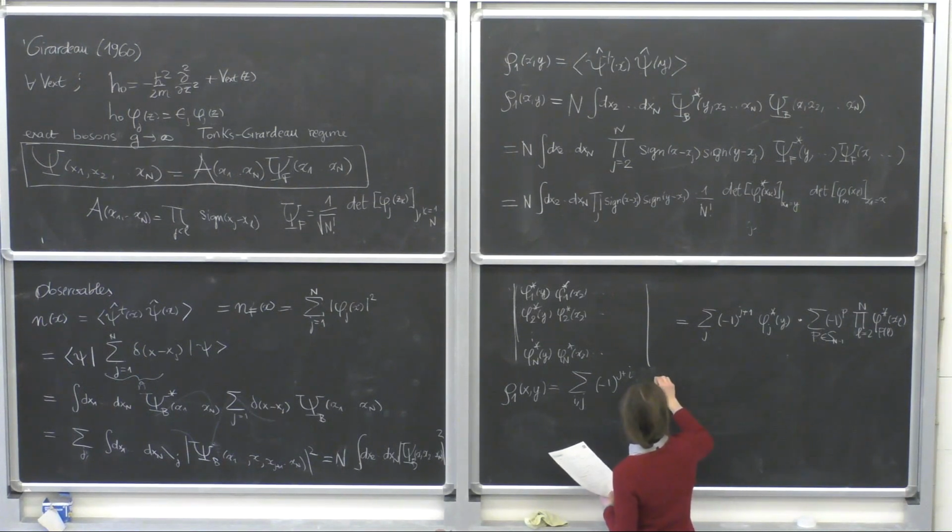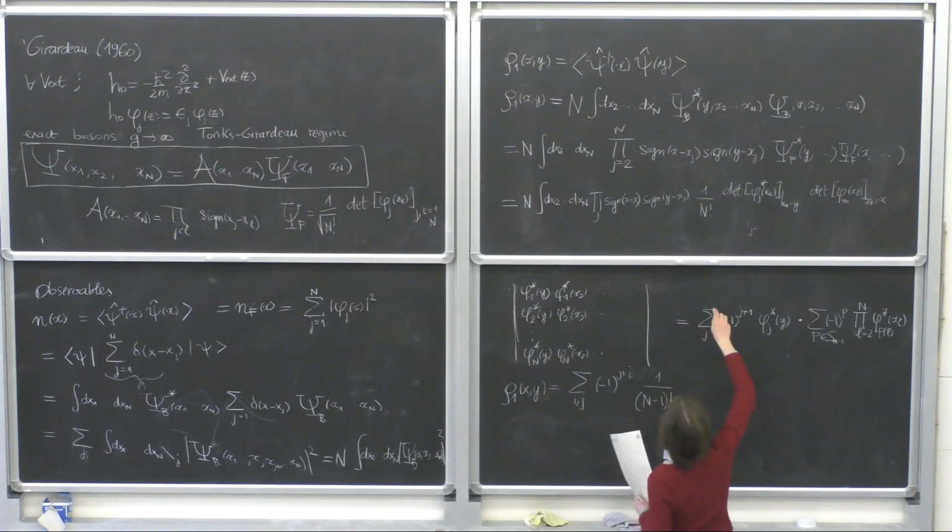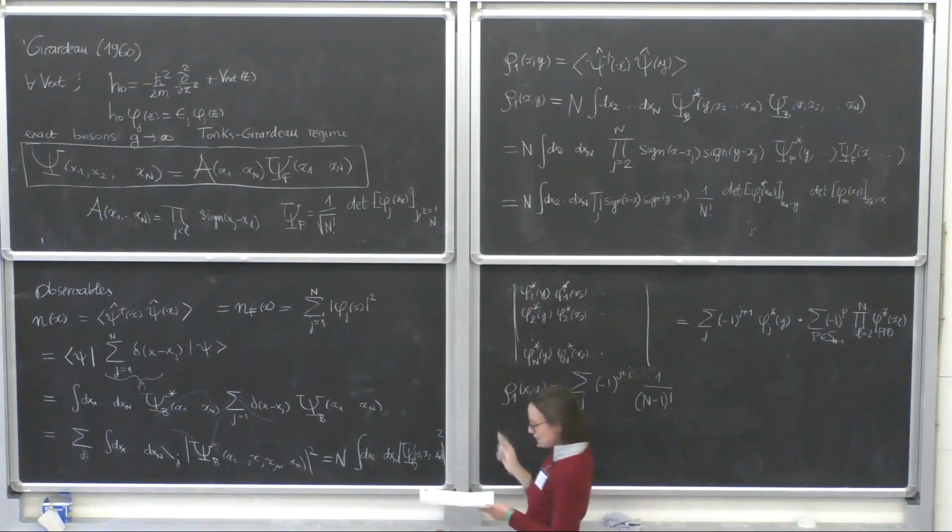So, first of all, I have 1 over (n minus 1) factorial that was coming from there and there.